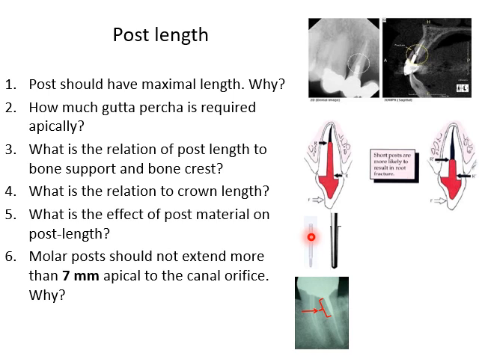So, in case of the metallic post, it should be as long as 2/3 of the canal length, while the fiber post, which requires adhesive cementation, it could be equal to 1/3 or 1/2 of the canal length. It requires less length, shorter.